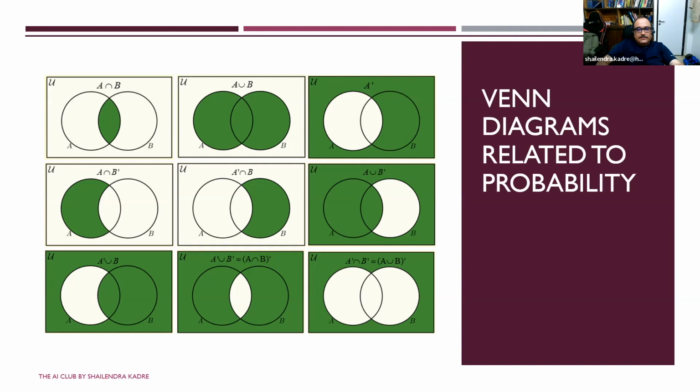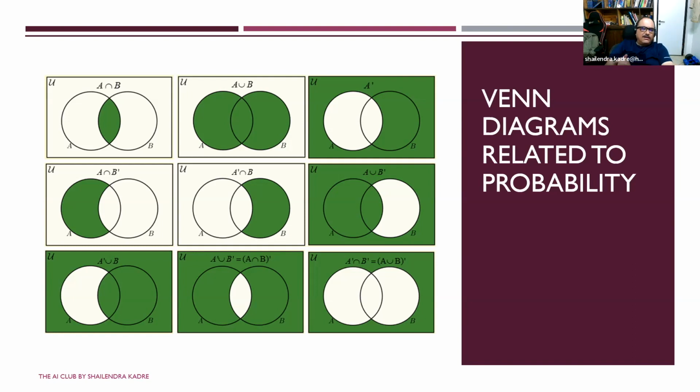It is very easy to calculate. First you find A intersection B, and then find the reverse of that. And then A dash intersection B dash.